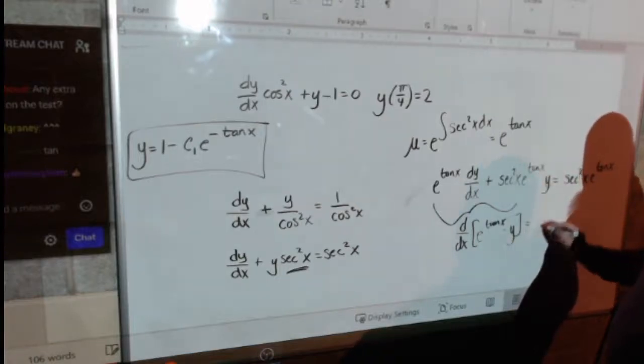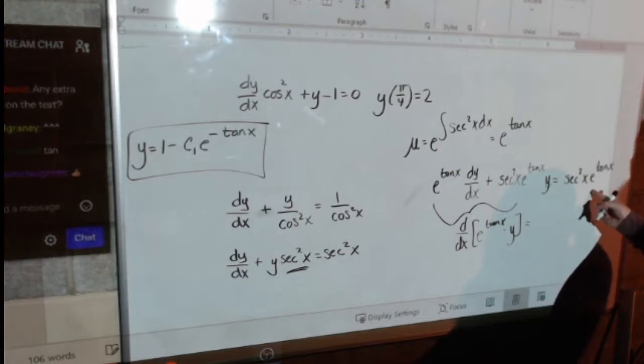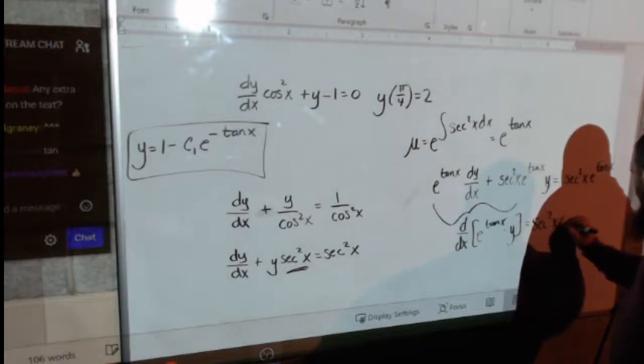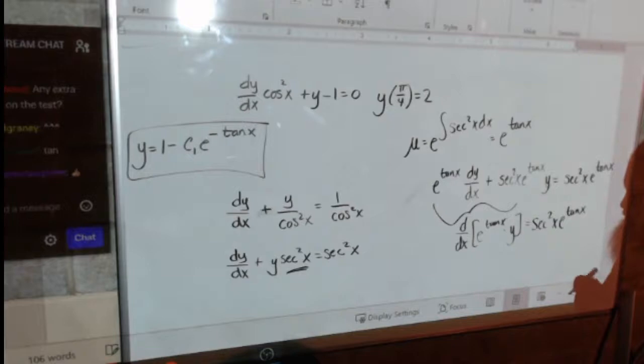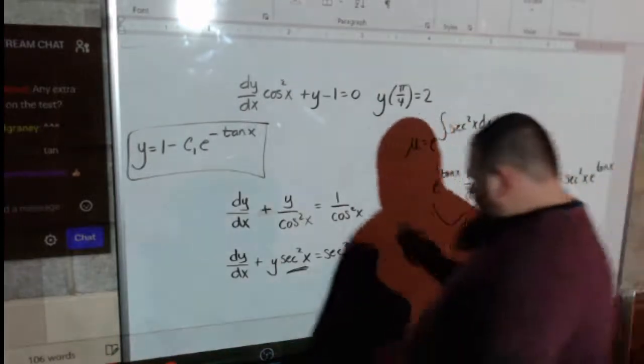So this is good. And since we know that fact, we already know how this is going to turn out really nicely on this side. Right, so we've got secant squared e to the tan. Let me come back over here.